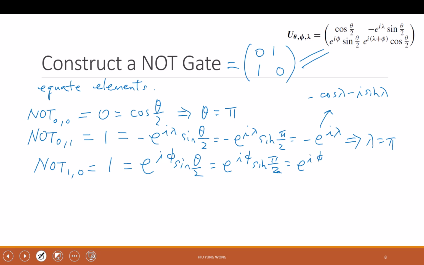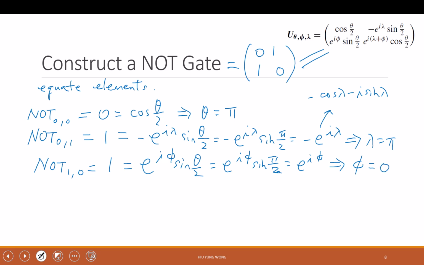So 1 equals e to the power i phi. What should the value of phi be? 0, thank you. So phi equals 0.